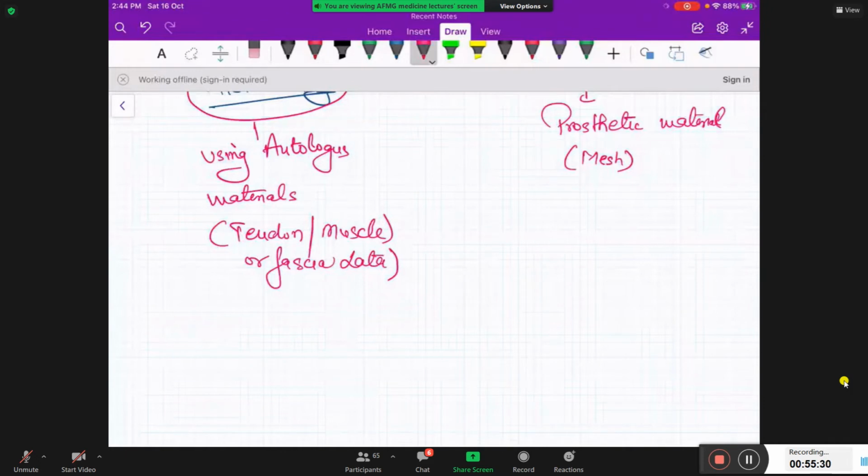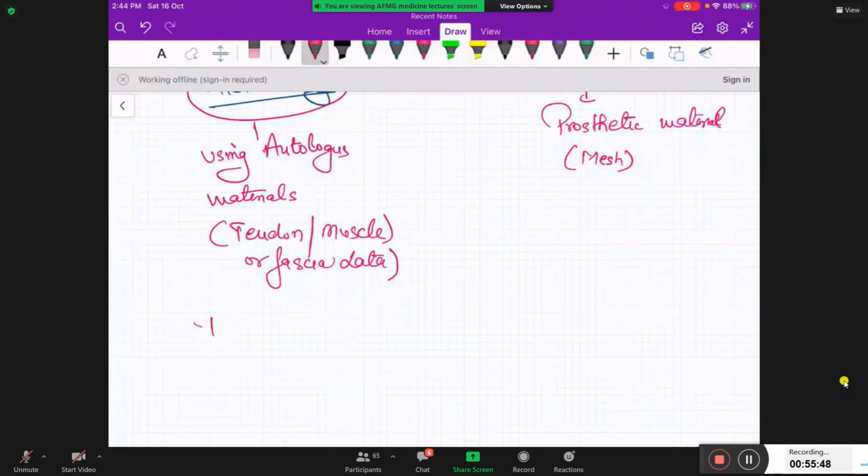अब हम herniorrhaphies नहीं करते. We don't do herniorrhaphies anymore. We just need to know the names of herniorrhaphies. They will not check you on herniorrhaphies because we don't do them anymore. But still, we should know the various types we have.